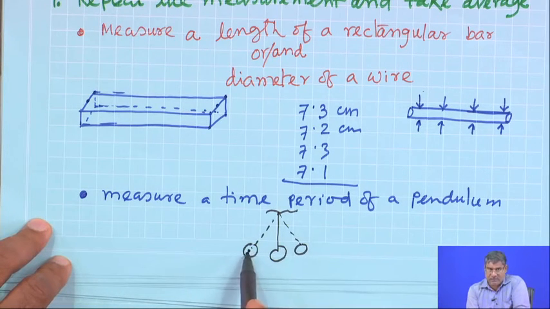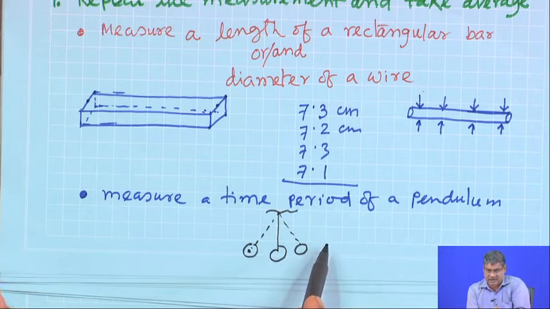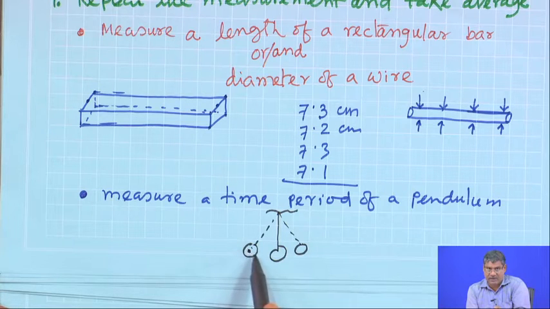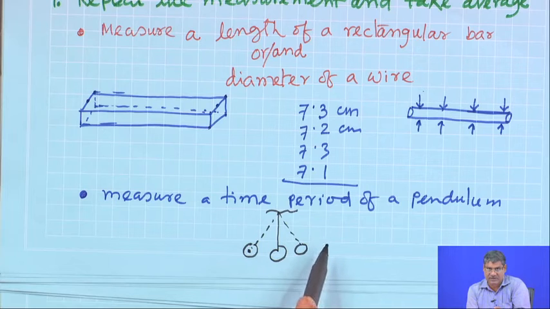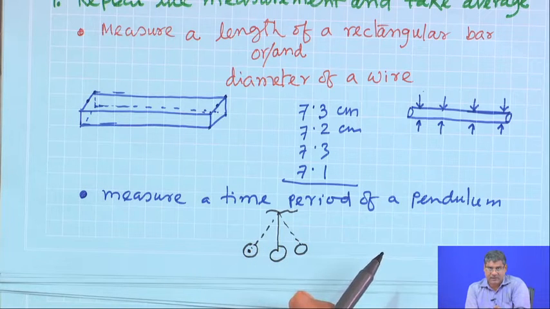I will start my watch when it is here, from here it starts to go to the other side. Then I will count the number of complete oscillations: 3, 4, 5, 10, 15, 20. Okay.